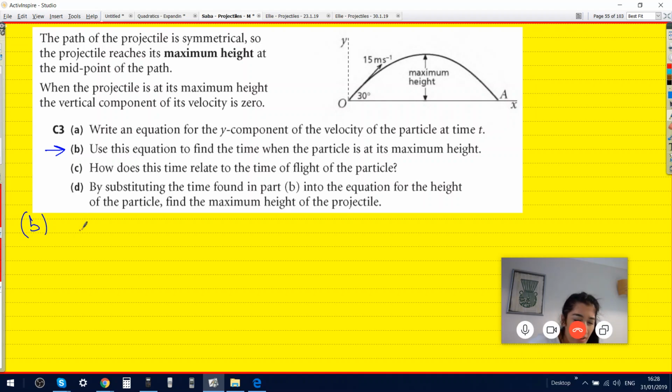What was the question? Find the maximum height. So 15 sine 30 minus 4.9 t squared. Do you make that equal to 0?